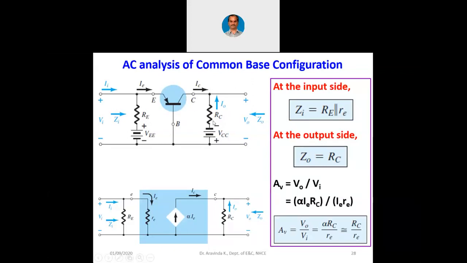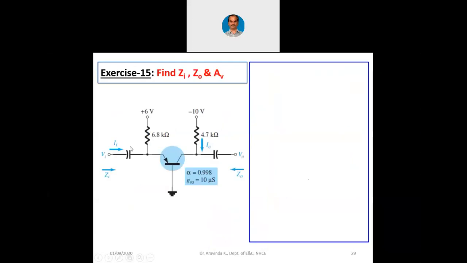So, the same circuit is written in a different way in this exercise. Don't get worried about all these conventions. Instead of writing the power supply or the battery exclusively, we simply put a symbol there. We call this plus 6 volts as VEE and this minus 10 volts as VCC.